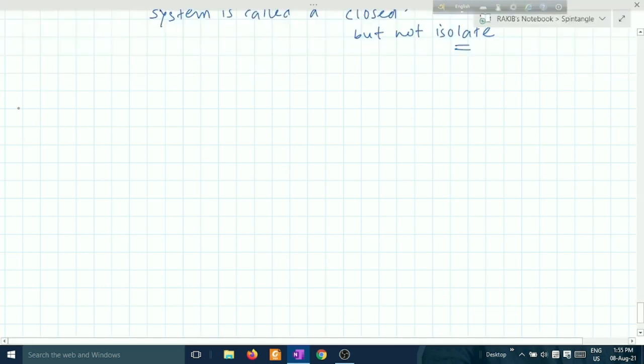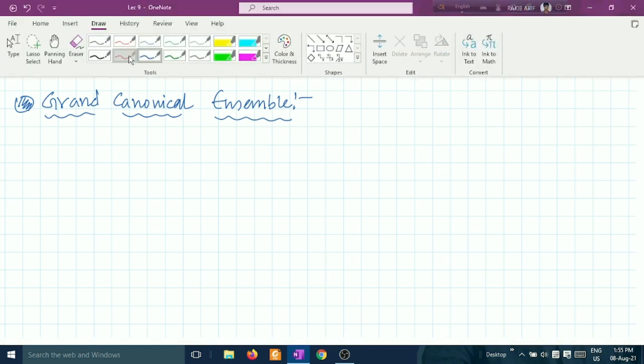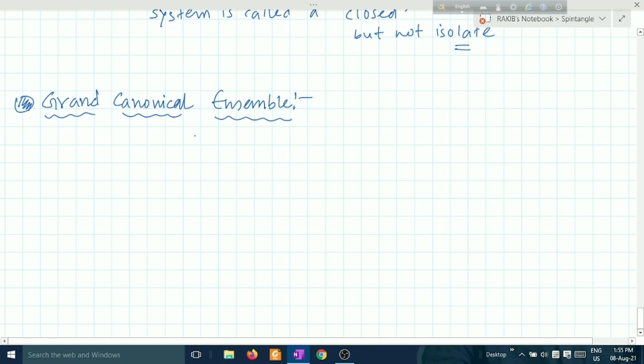Now, what is the grand canonical ensemble? This one is the last ensemble we'll be discussing, and these are the outlines of the concepts we'll be discussing in more elaborate detail.